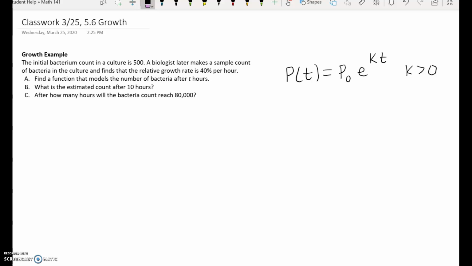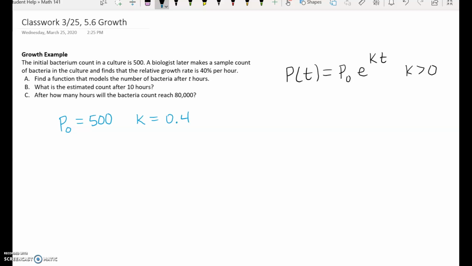What do we know? Well, the problem has told us that the starting amount is 500. So we know that p naught, or p sub 0, is 500. We also know what the rate is. The rate is 0.4. We always take decimal values, percent values, and write them as decimals for our math problems.